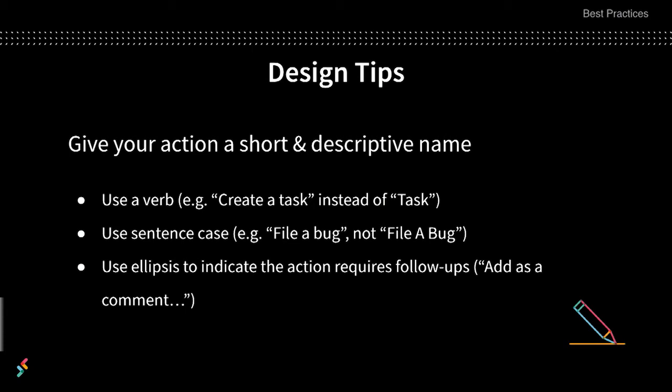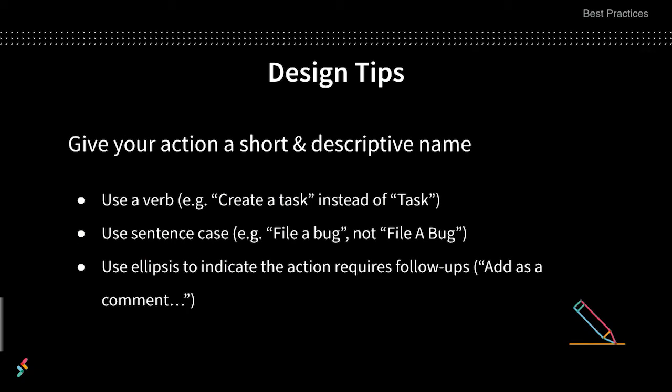It's important to use a verb, for example, create a task, instead of just saying task. That makes more sense. And use sentence case. File a bug, not title case, no capital A, B. This is just to keep good consistency throughout the app. So we use sentence case, so it's better to be the same.